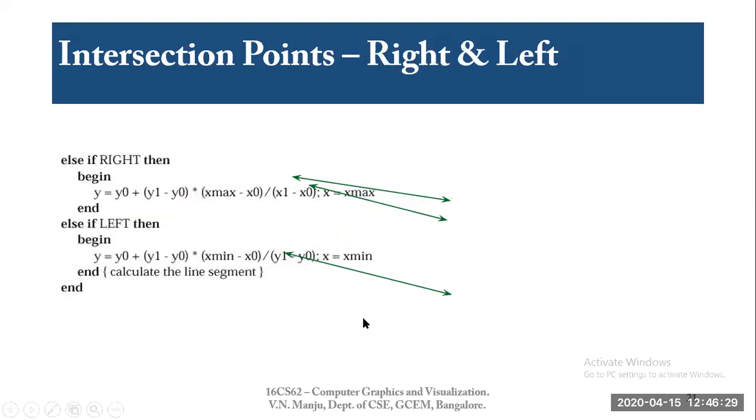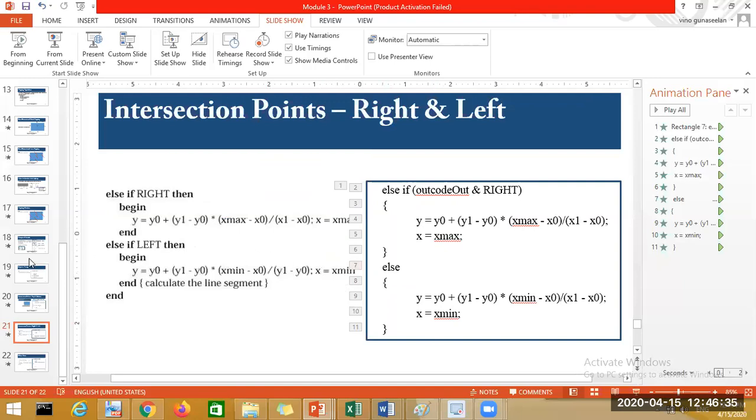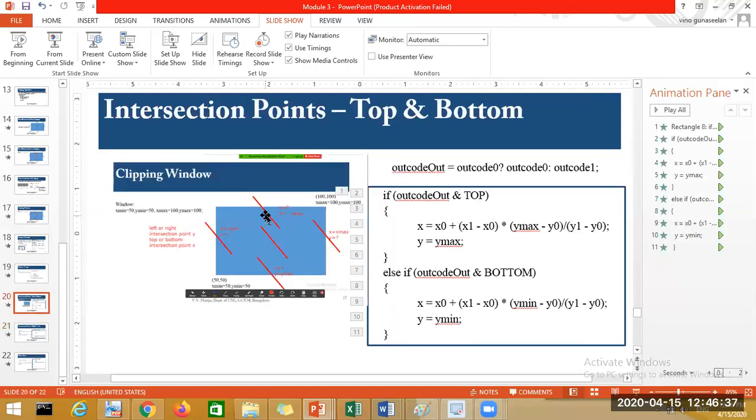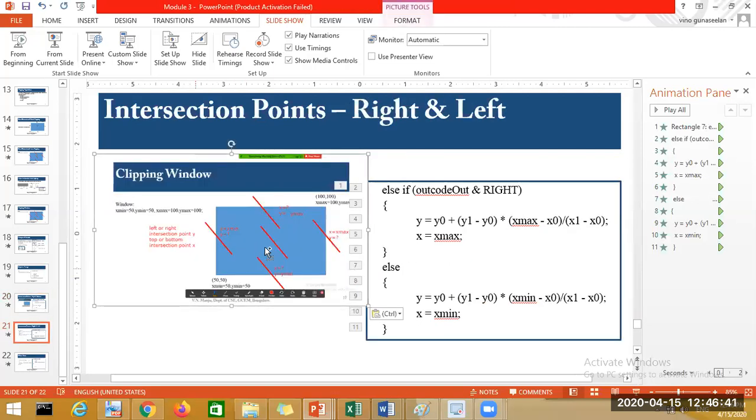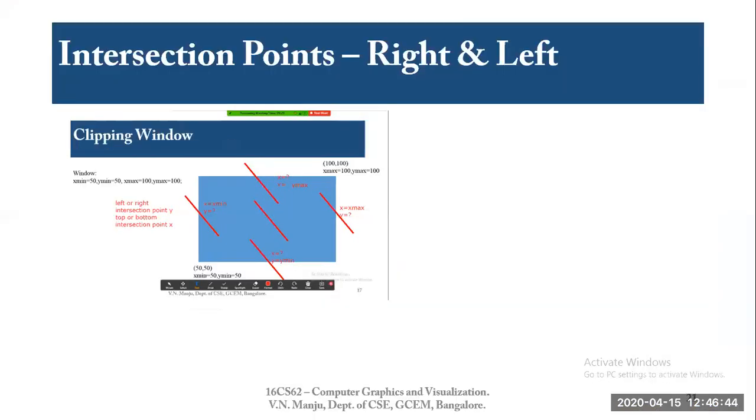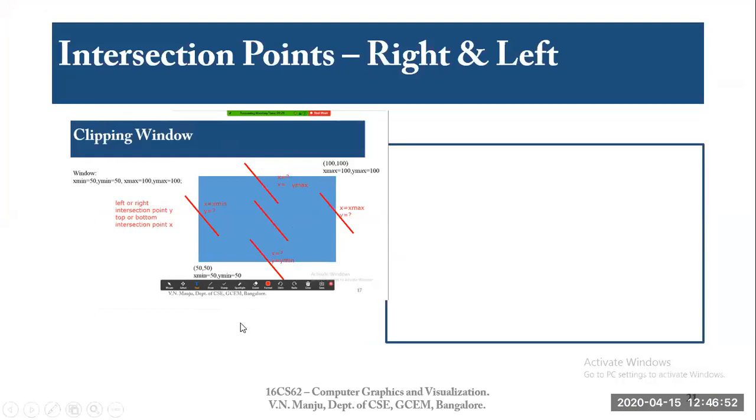Clear with that? So we found the intersection point for the top and bottom. Similarly, the intersection point for your right and left. For your right, I should find the intersection.